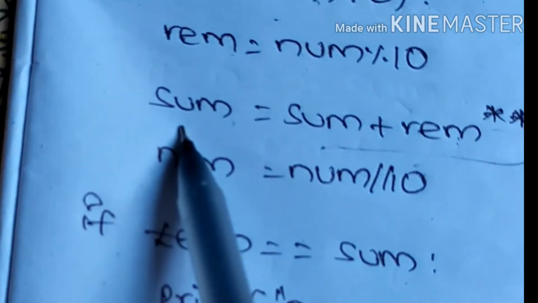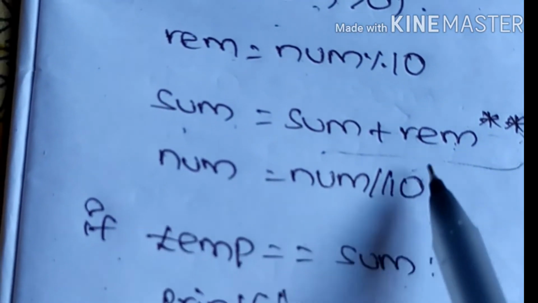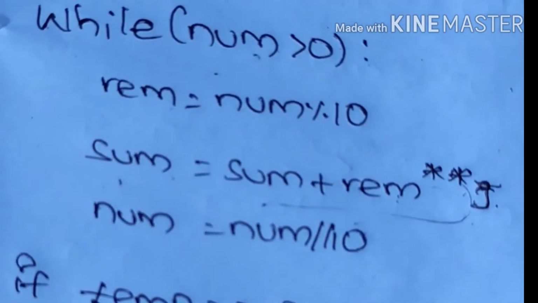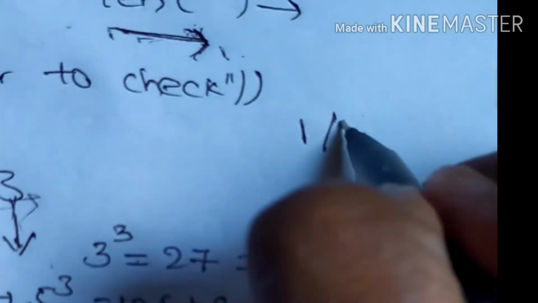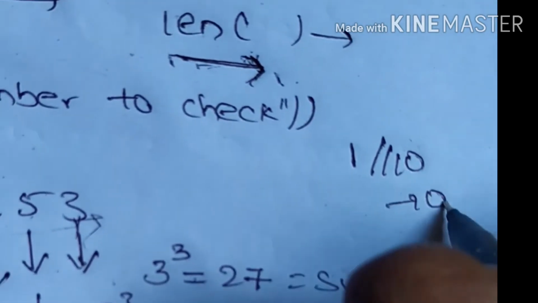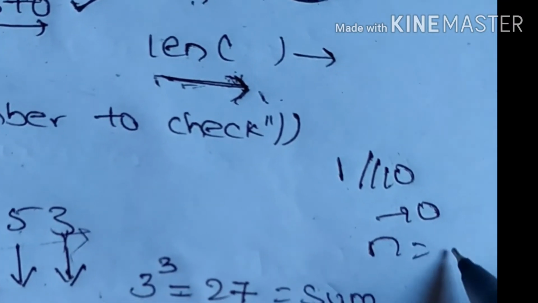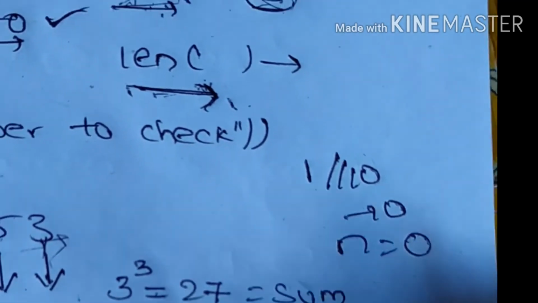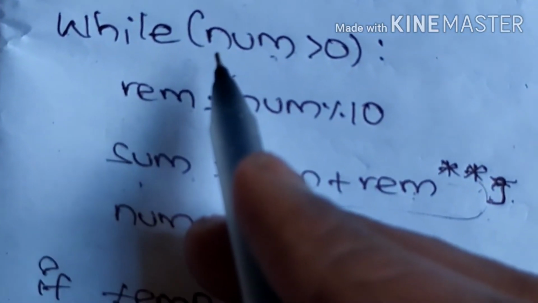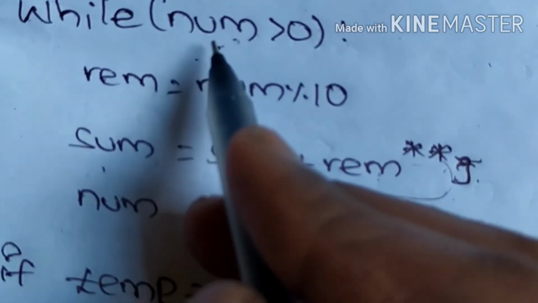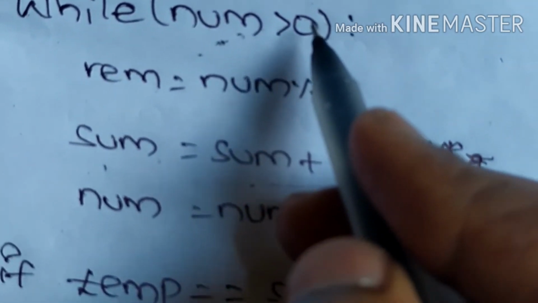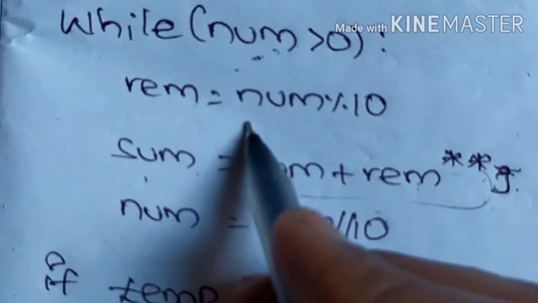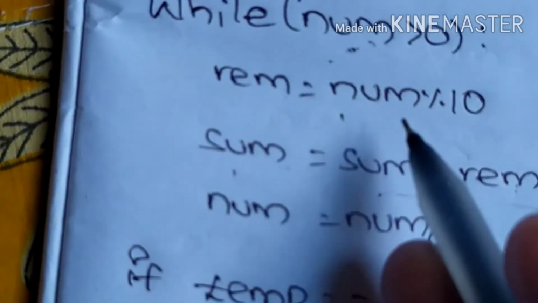After getting this, num equal to num divided by 10. Num is 1, right? 1 divided by 10 will give 0. So here num is assigned to 0, and then when it checks this condition, that is 0 greater than 0, the condition is false, then it won't enter the while loop.